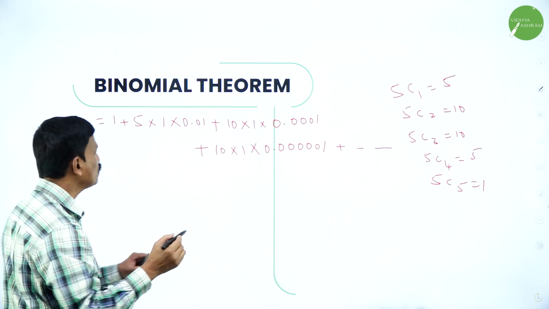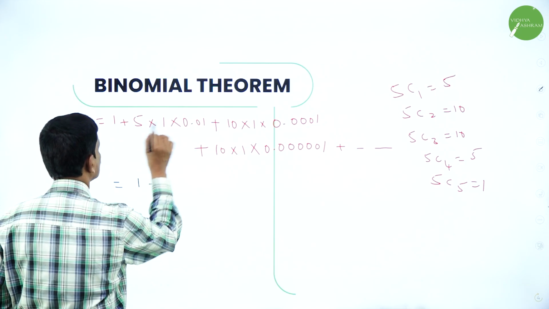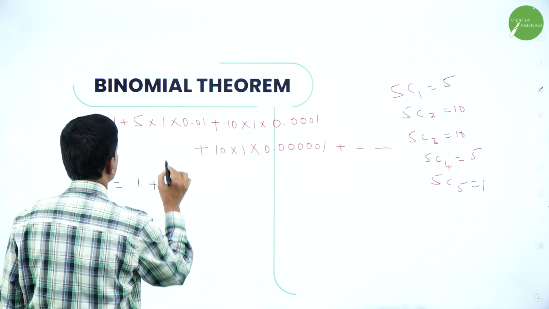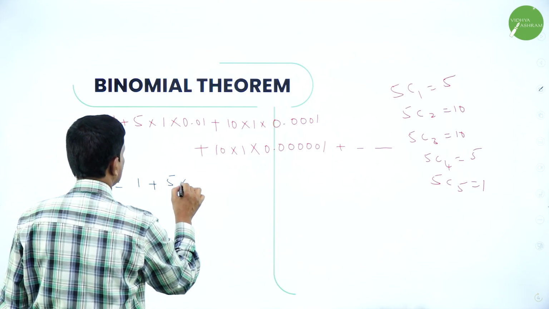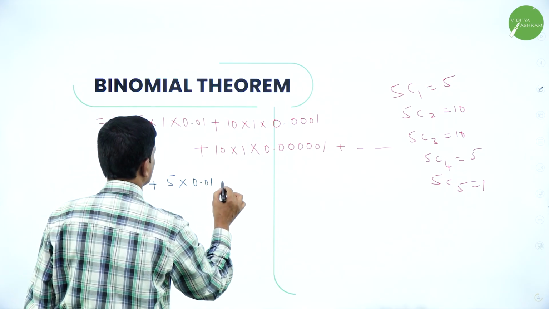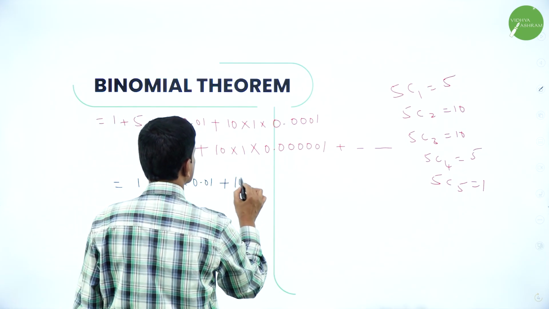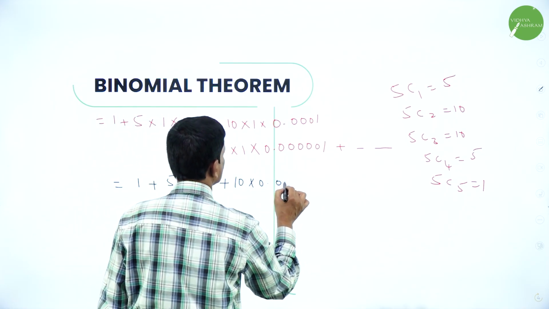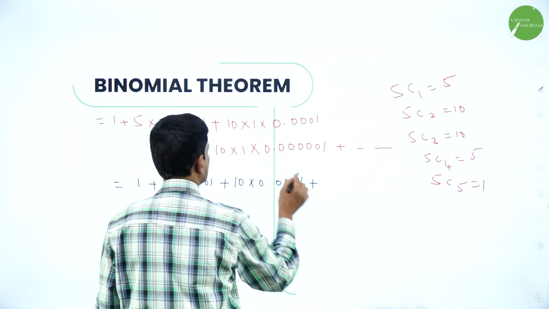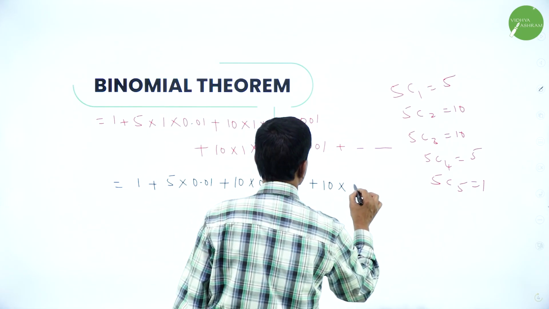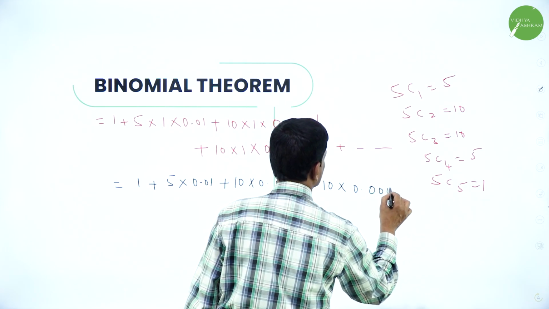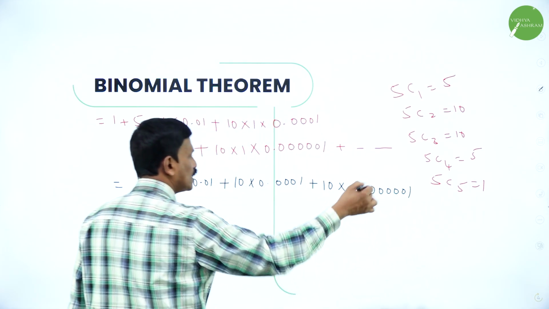Now just multiply this. So 1 plus 5 into 1 is 5 into 0.01, plus 10 into 1 is 10 into 0.0001, plus 10 into 1 is 10 into 0.00001, neglecting the next term.